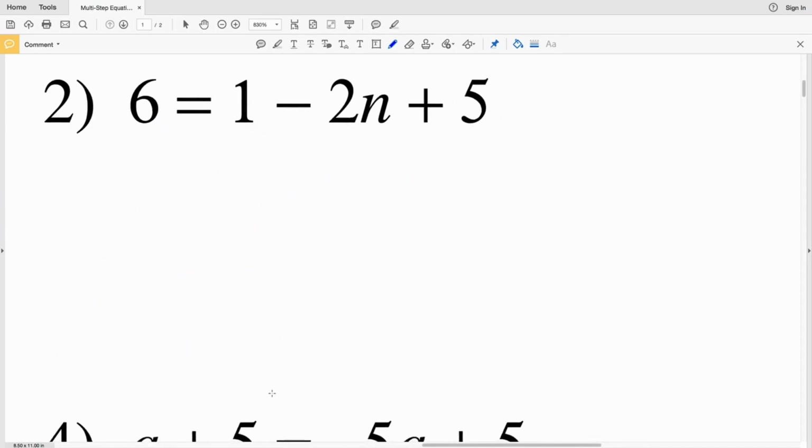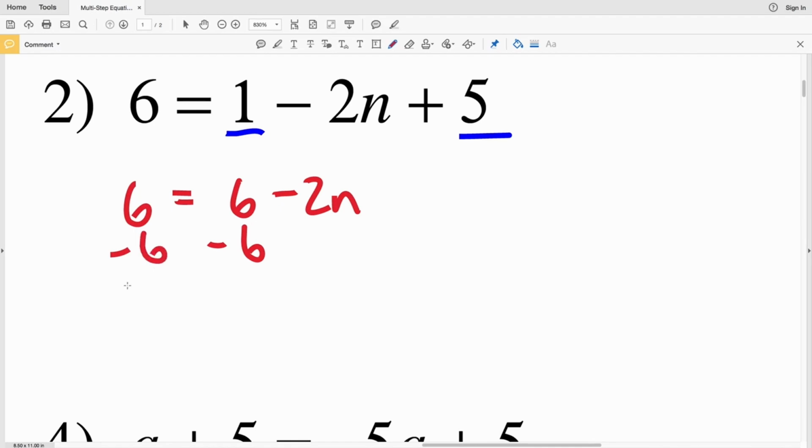Number 2, we have 6 equal to 1 minus 2n plus 5. I'm going to start by combining like terms on the right-hand side. Combining the positive 1 and the positive 5, I have 6 equals 6 minus 2n. Then I subtract 6 from both sides to get 0 equal to negative 2n, since 0 minus 2n is the same as 0 plus a negative 2n.